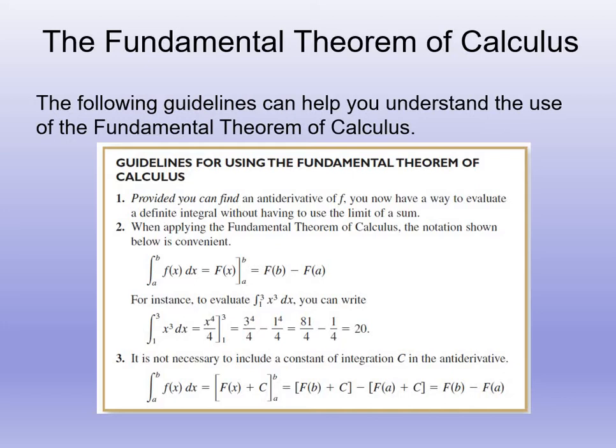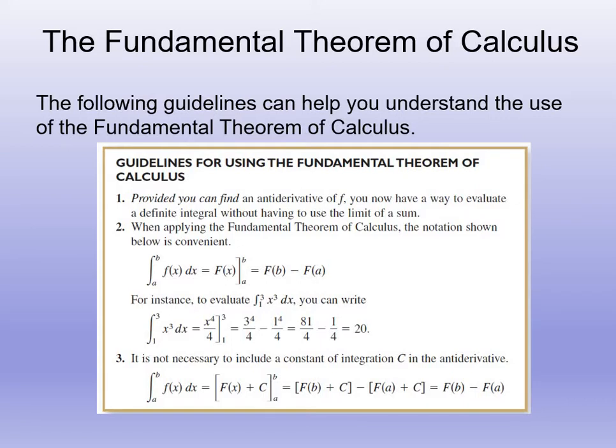Also, another key element, if we look at guideline number 3, we don't have to worry about that constant of integration when we have limits. This is called a definite integral because we have the two limits. Remember, in section 1 where we had to do indefinite integrals where we didn't have limits, that's when we had to make sure we do the plus c. However, if you do the plus c here, it cancels out.